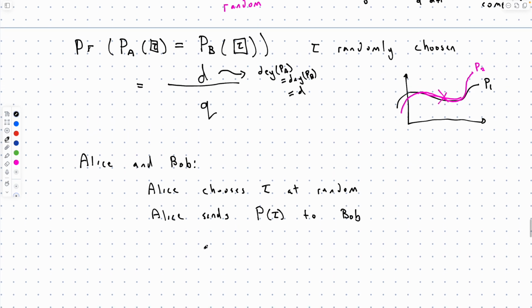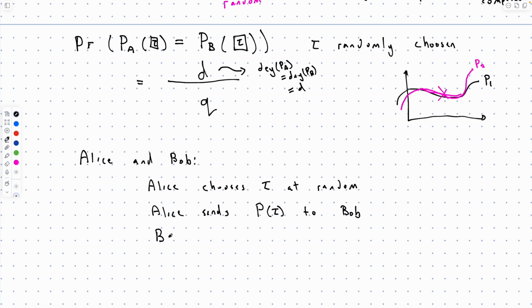And then Bob can say, I have a different value, or I have the same value. If he says I have a different value, then you know that they're not the same polynomial. If they differ at least at one point, they're different polynomials. So PA is not equal to PB, they're done.